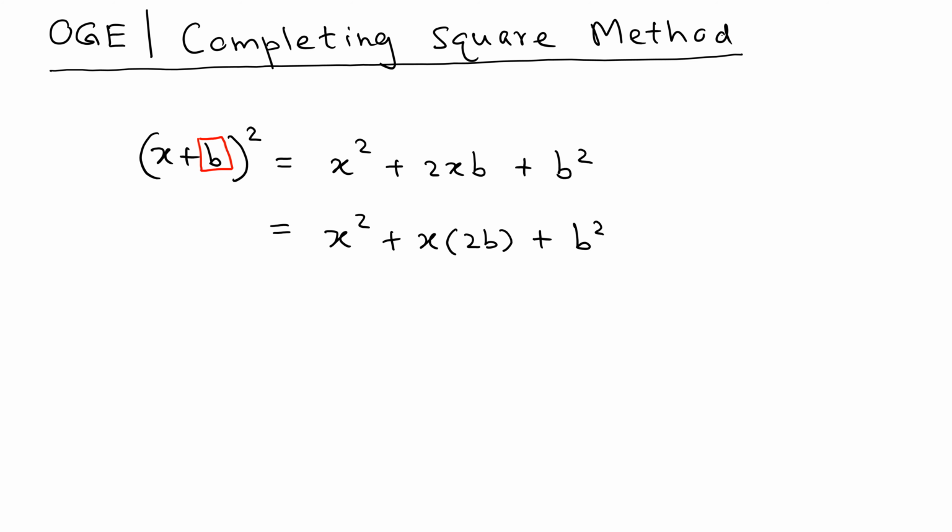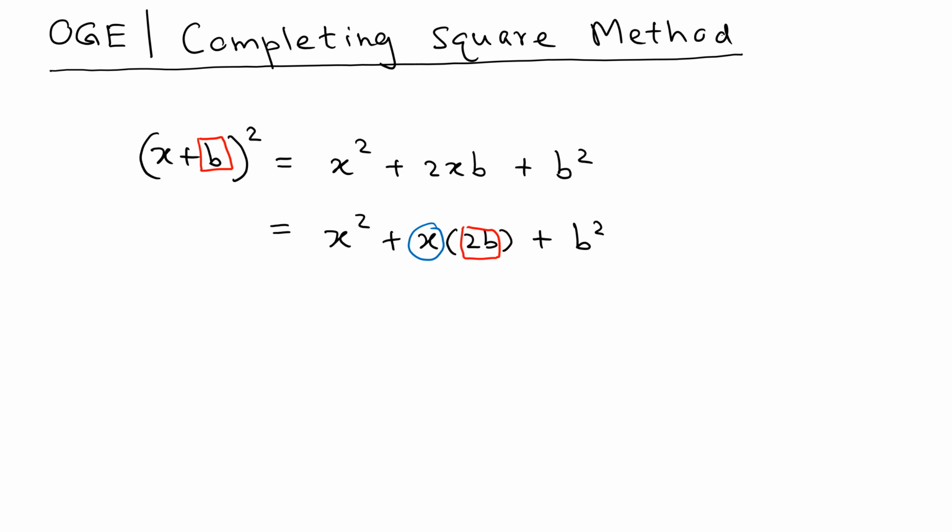When you look at this term, you can see b is simply half of the coefficient of x. There's an x term here. So what is b? b is half of 2b.